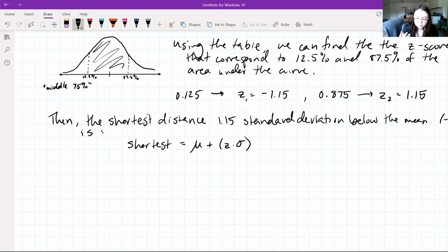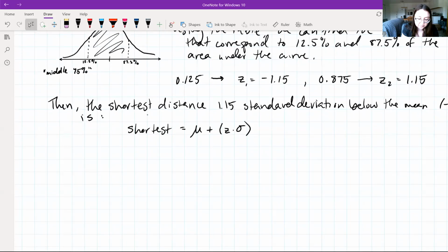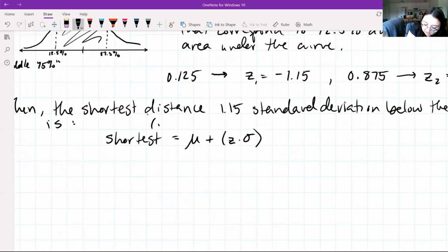So we're going to take this value, and if we think about it, this is basically like saying x is equal to mu plus z times sigma, which is the same thing as when we just rewrote our problem. So we see that this is just x is equal to mu plus z times sigma.